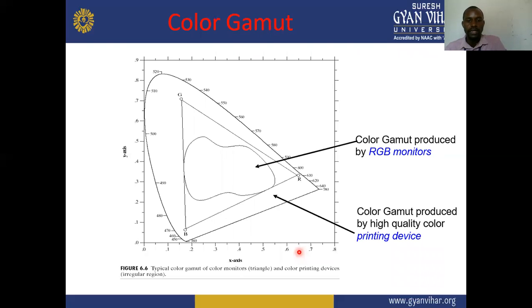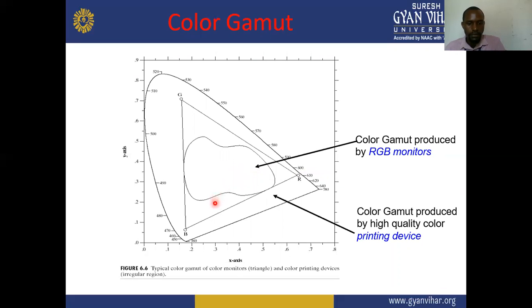Next, we're going to look at color gamut. Color gamut is what is used to produce different color channels, and it is basically used in RGB monitors, our televisions, our laptops, or any electronic device that has a display for color.